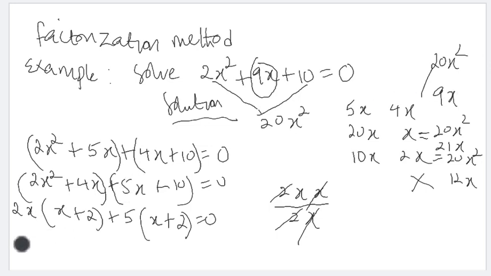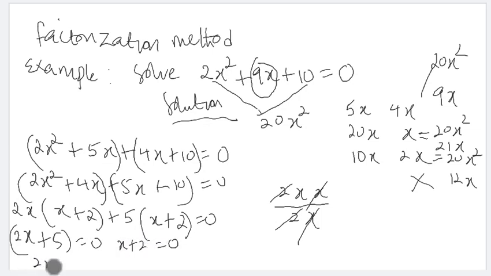So we'll collect this 2x, then plus 5, and also we equate it to 0, then x plus 2. You know there are 2 there. We have 2x plus 5, so collect 1, equate it to 0.